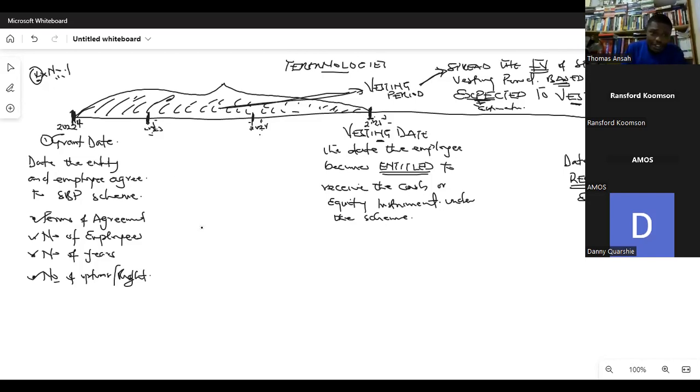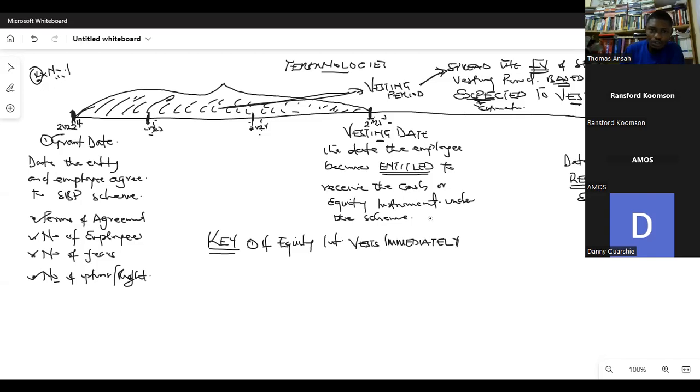All right. So the key things that I want you to get here is that, number one, if the equity instrument, herein the shares that we are using, is unconditional or vests immediately, when do you think the immediately will be?